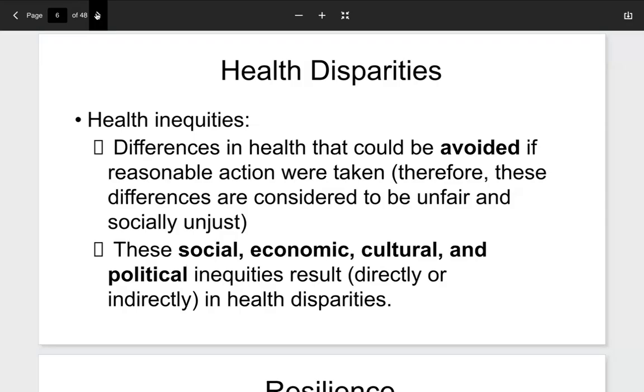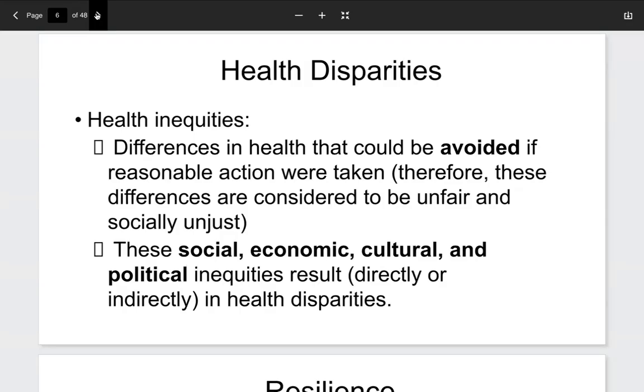Usually these avoidable and unjust health disparities that are resulting in health inequity are because of social, economic, cultural, and political factors that either directly or indirectly contribute to this health disparity.